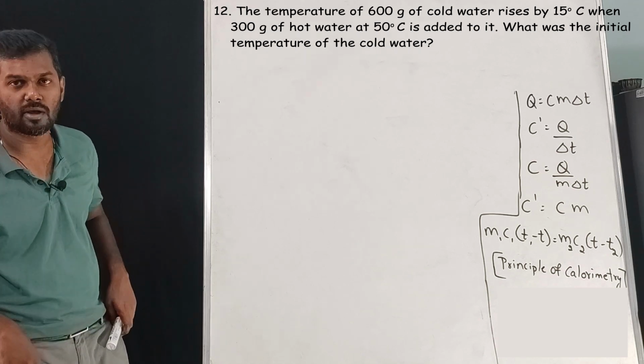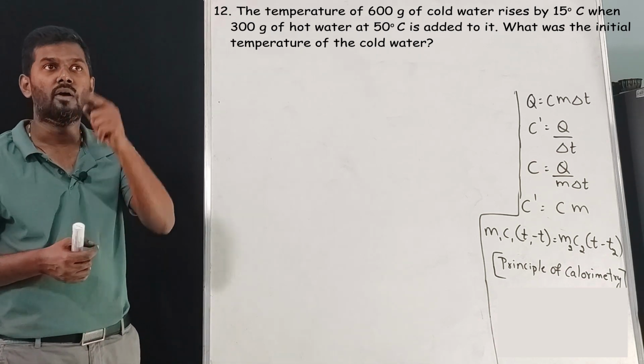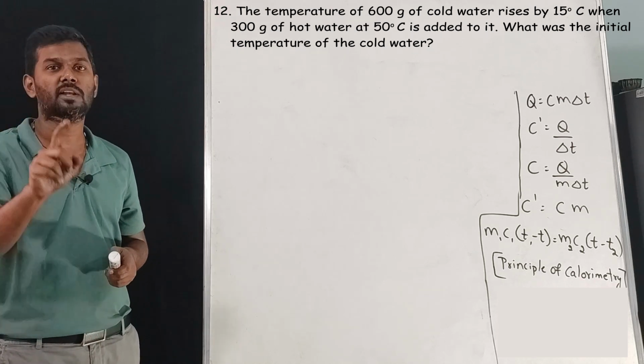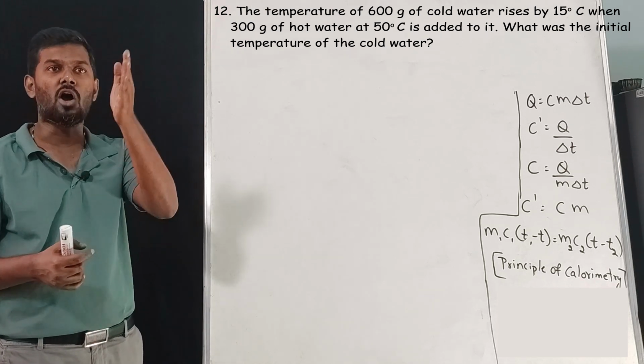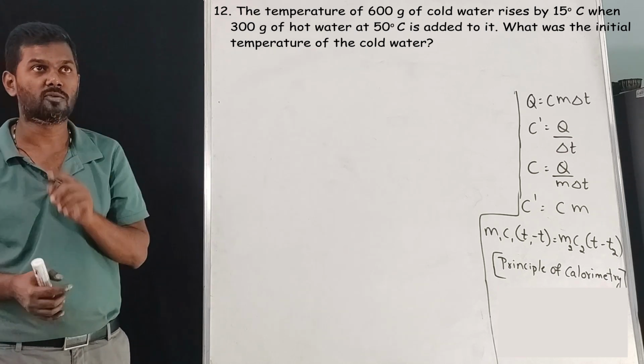Which one are we going to assume as object 1? The one that is hot, the hot water. Keep that in mind always: whichever has the higher temperature, we assume it as object 1. So this is question number 12.